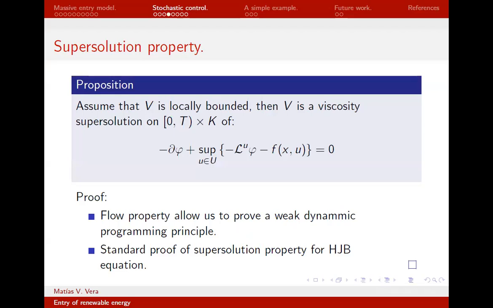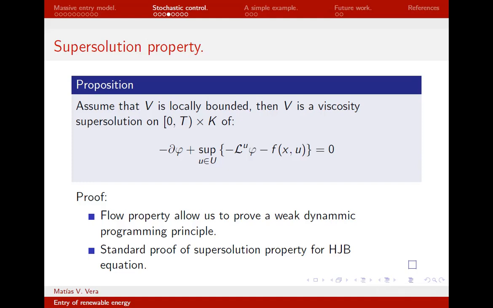The first one is the supersolution property, and if we assume that V is locally bounded, then V is a viscosity supersolution of the standard Hamilton-Jacobi-Bellman equation. Okay. The proof is interesting, but it's not that hard. It uses the flow property of the stochastic process, which says that if I start from zero, go to T, and then go to another time, it is the same as starting at T from this position and going to the final part.